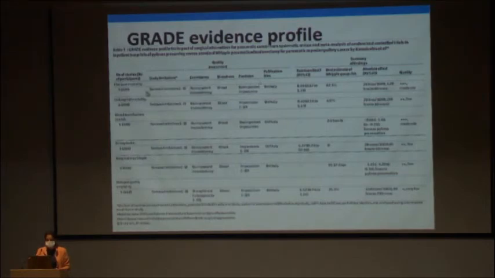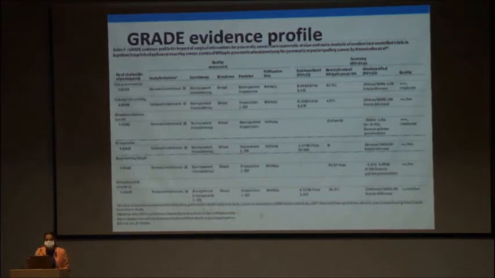So you'll see here that there were 3 randomized control trials that reported 5-year mortality for this comparison. And so it started out as high, but then they rated down once for a risk of bias. And here in the footnote, you can see why they rated down. So it was unclear allocation concealment, patients blinded in only one study.